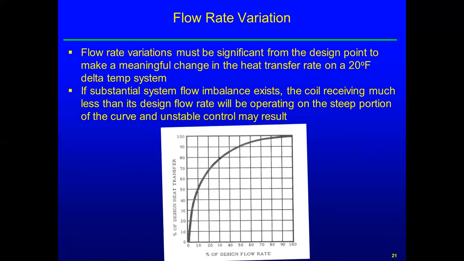Okay, so flow rate variations must be significant from the design point to make a meaningful change in the heat transfer rate of a 20-degree delta T system. If substantial flow imbalance exists, with a coil receiving much less than its design flow rate, this is another issue. If we don't get the system balanced properly, somebody is going to be short on water at the design flow, and you could be operating in the steep part of the curve.